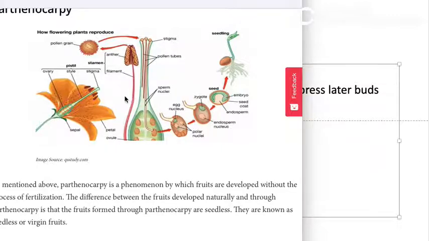But in parthenocarpy, if the ovary has a high concentration of auxins, what happens? It will produce fruits without fertilization.